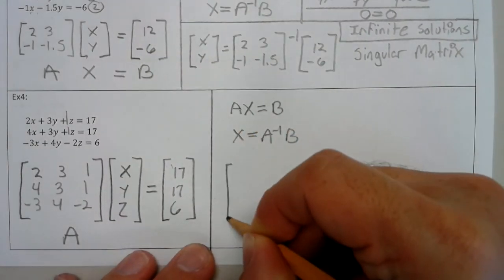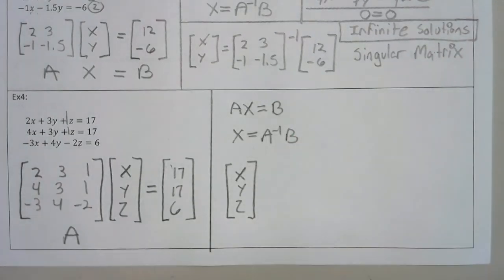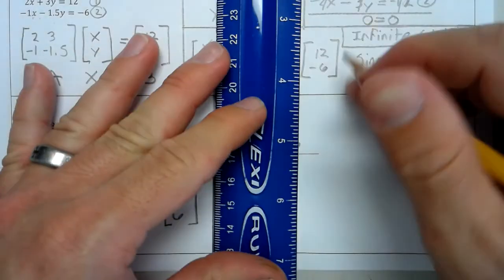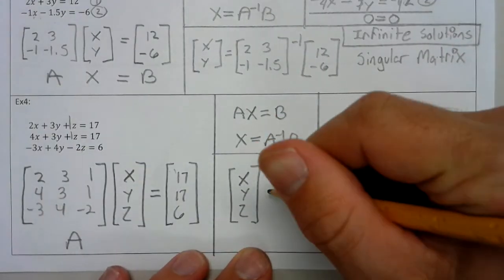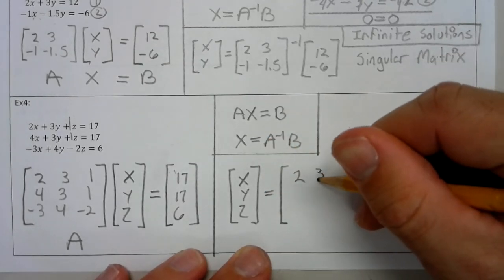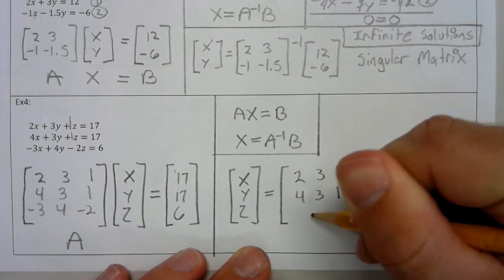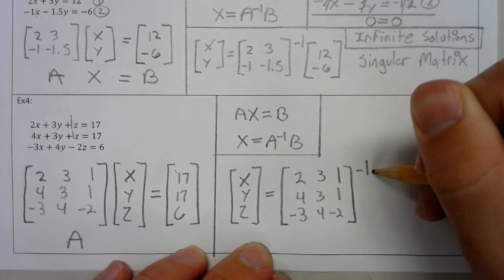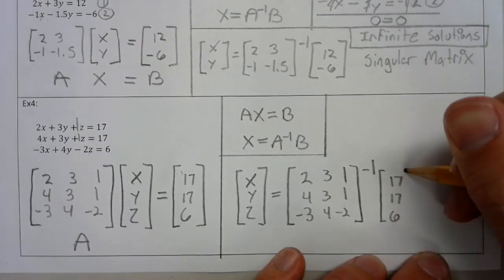So X, Y, Z equals 2, 3, 1, 4, 3, 1, negative 3, 4, negative 2, inverse times B, which is 17, 17, 6.